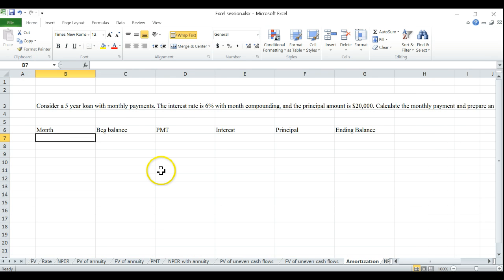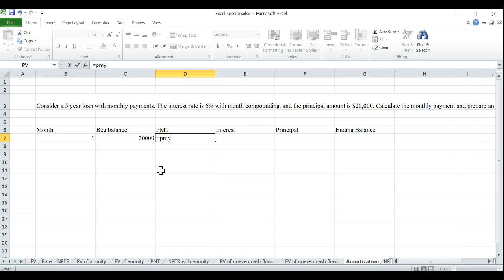So then first month the loan amount is $20,000. Then it is asking how much did we pay. This was the step that we did before we created the table, but I can just show you here. The payment is going to be, the interest rate is 6%, but that is for the whole year, so we divided by 12 to get a monthly rate.